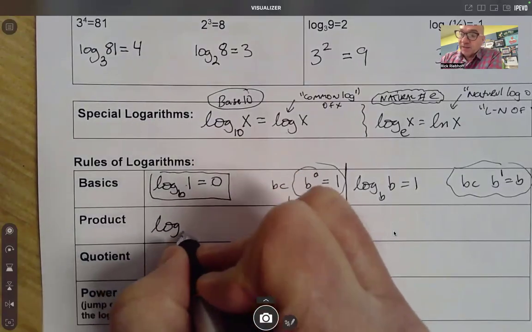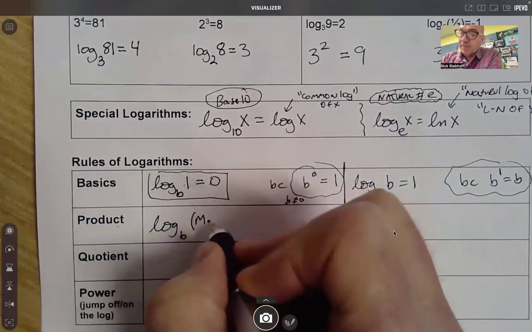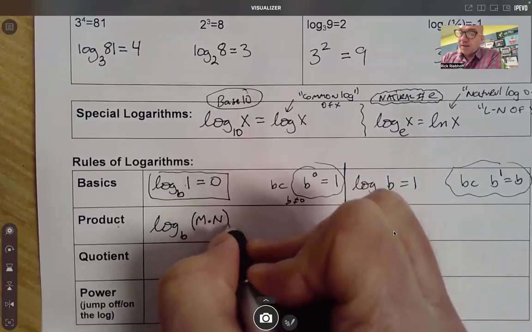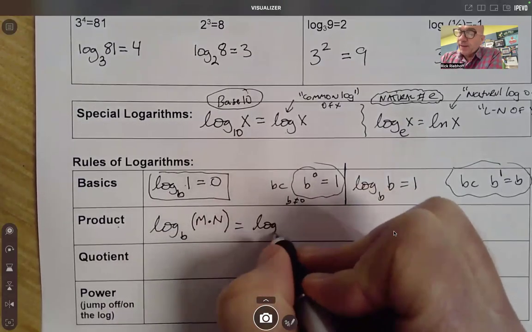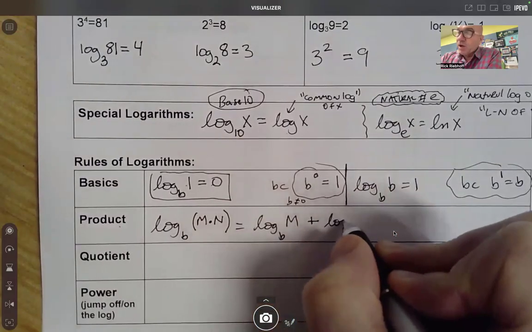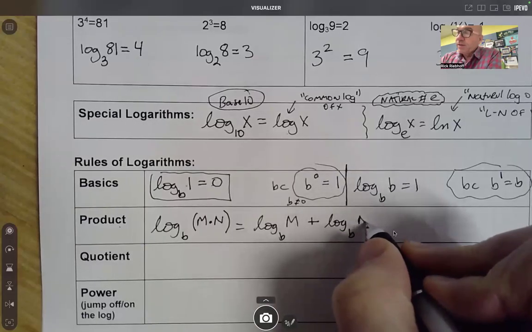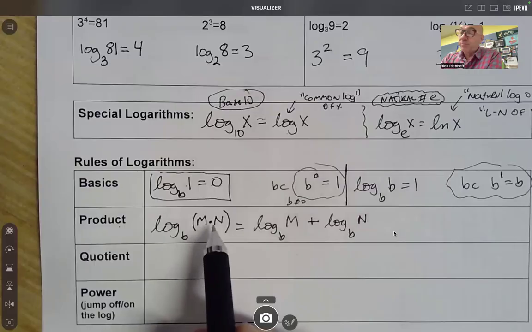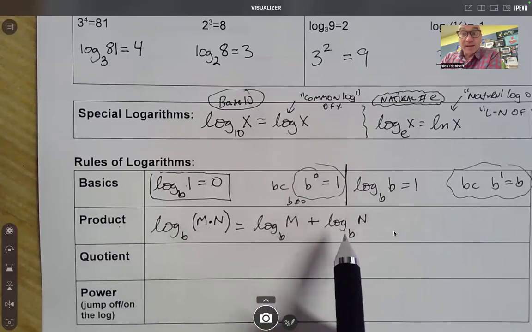Log base b of m times n, product means multiply, is equal to log base b of m plus log base b of n. So if it's multiplication on the inside, I can separate it out like this.